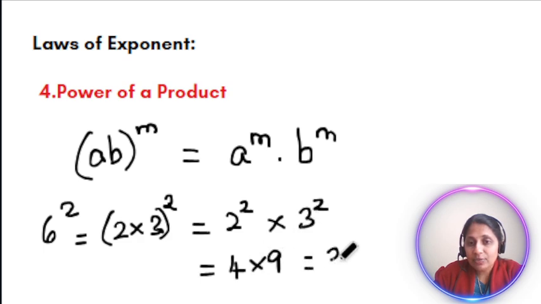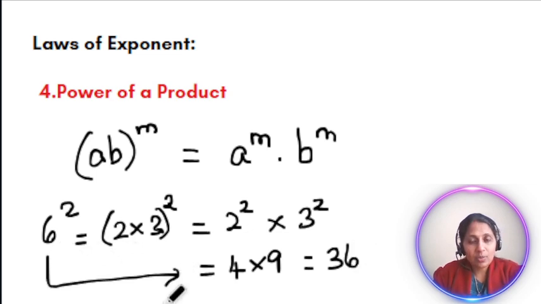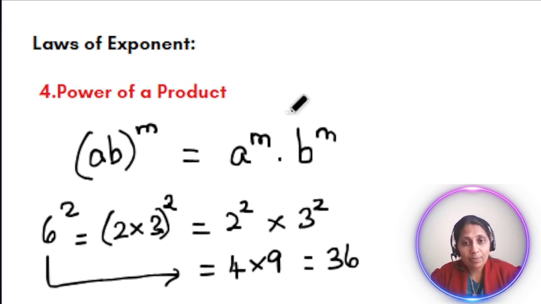So it basically gives you 36, which is same as 6 to the power of 2. So based on the problem, you have to choose whether you need to apply AB to the power of m, or you have to separate into two forms like a to the power of m into b to the power of m. This also simplifies your problem easily.